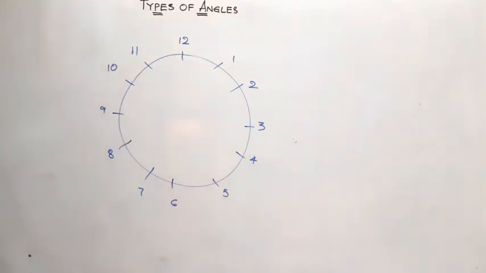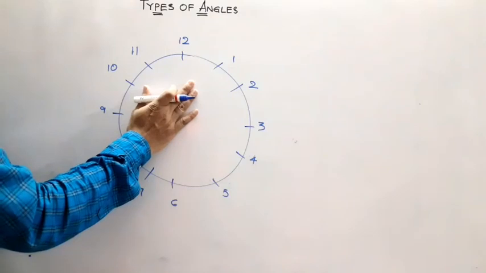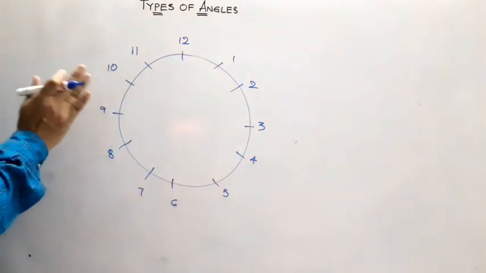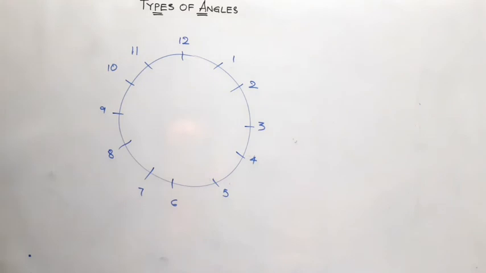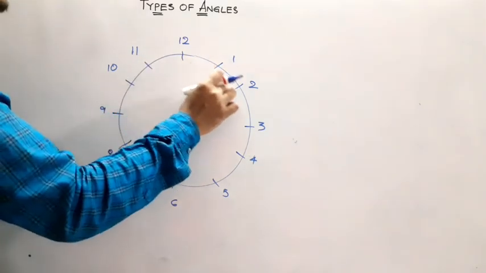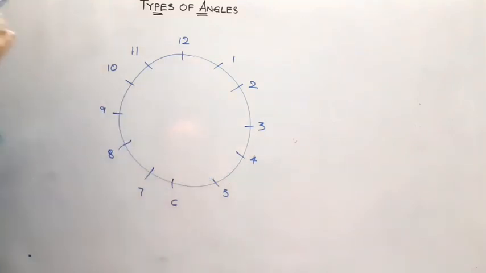Total 12 divisions. So through this, what we can understand is a clock is divided into how many parts? 12 parts, isn't it? And we have to understand that this is in the form of a circle, isn't it?